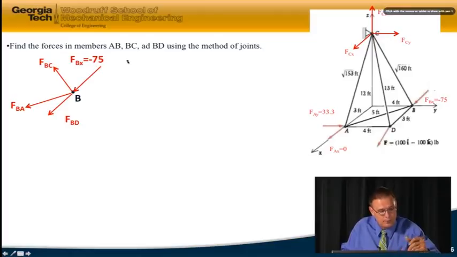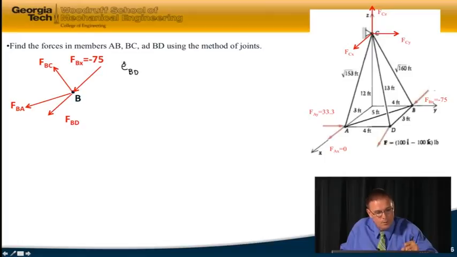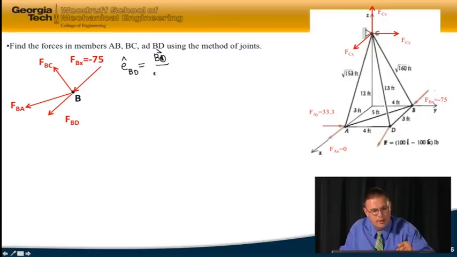I need the unit vector in the BD direction, so that's going to be the BD unit vector is equal to the position vector from B to D divided by the magnitude of that position vector.